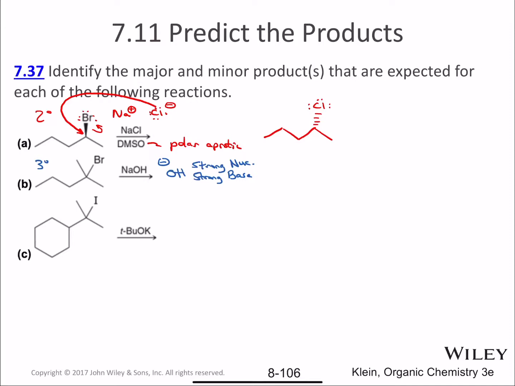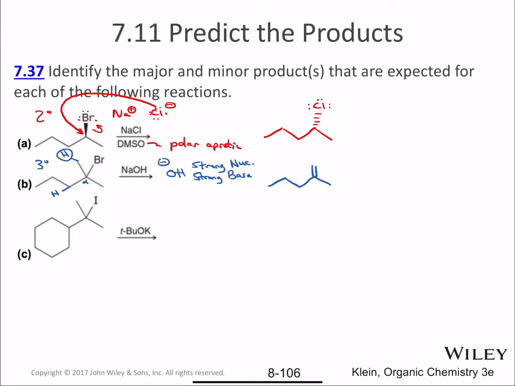But you can see that there's two types of beta protons. So if I label, this is my alpha carbon, there are the beta protons on the methyl groups, but then there's also beta protons here on this methylene as well. So if I draw the elimination, if I was to remove one of these protons from the methyl group, I would end up with this alkene.